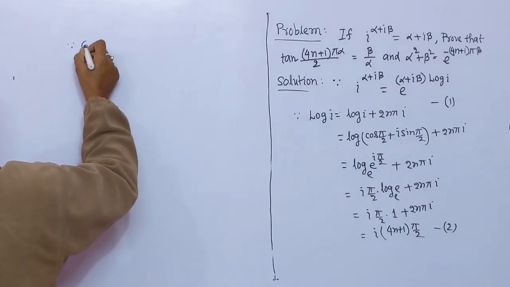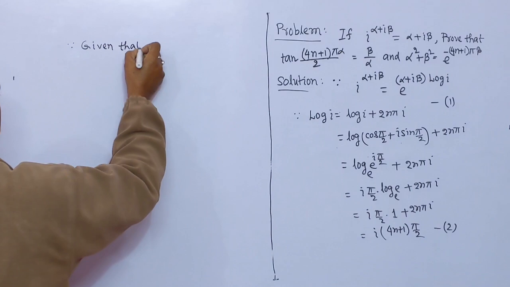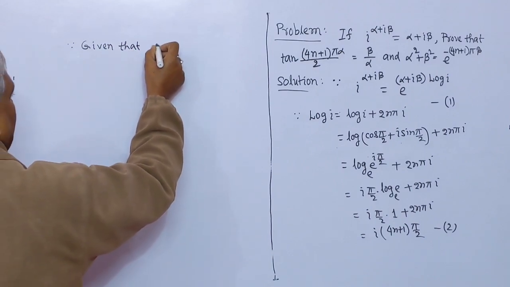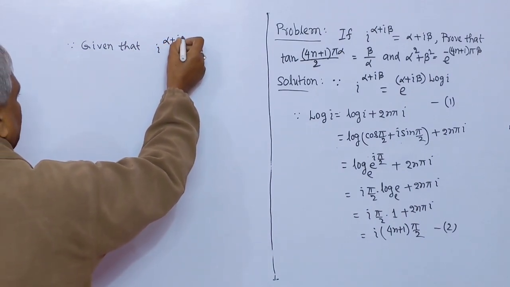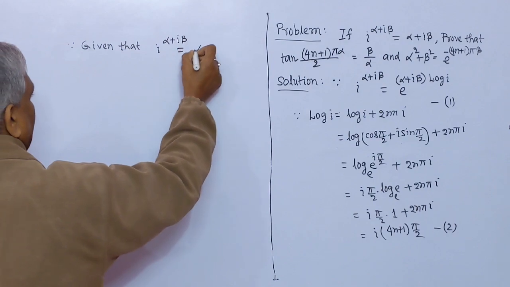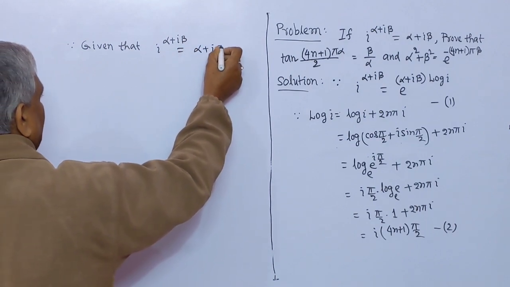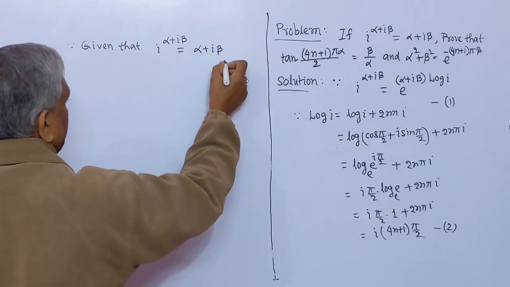Since given that i^(α+iβ) = α + iβ, this is number 3.